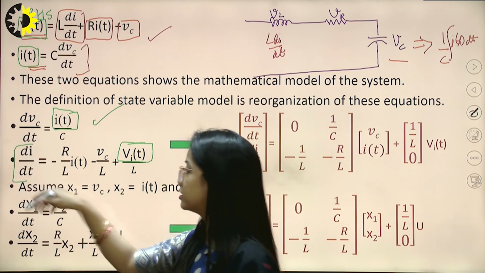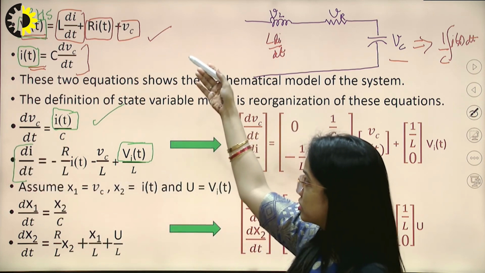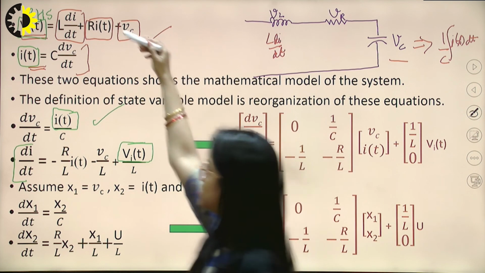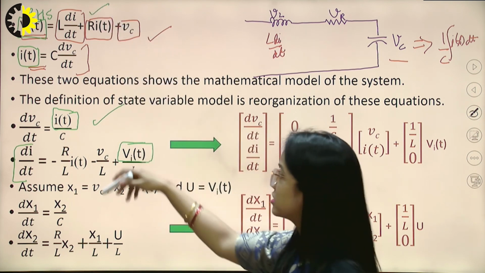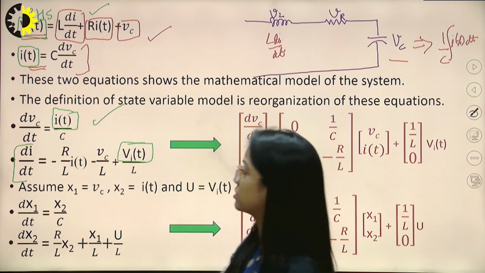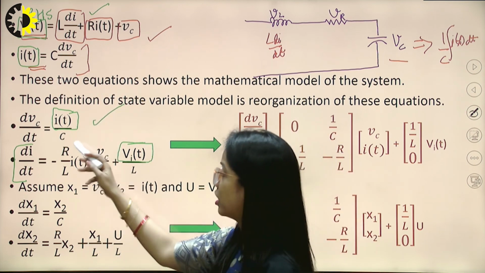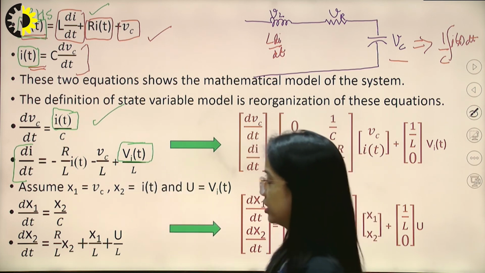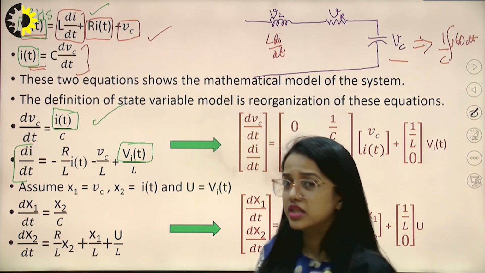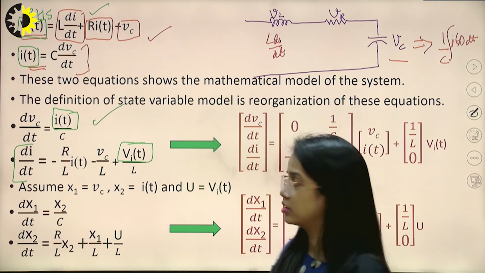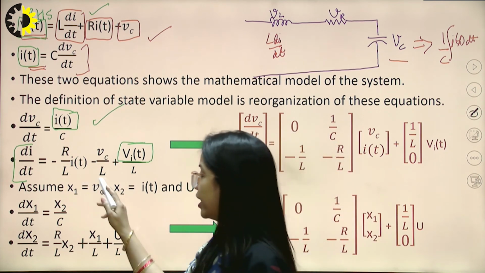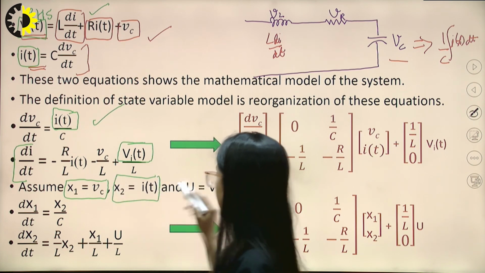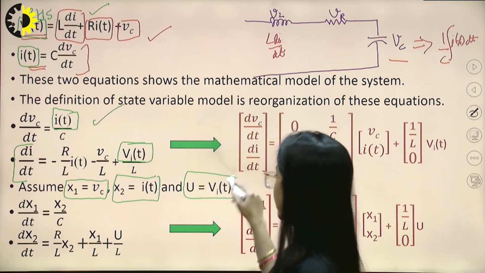From the first equation we can get the value of di by dt by dividing the complete equation by L. So we have minus R by L I of t, minus VC by L, plus Vi of t by L. Now let us assume some state variables, some intermediate variables. Those state variables are x1 equal to VC, x2 equal to I of t, and u equal to Vi of t.